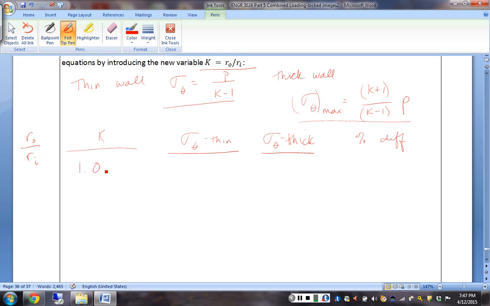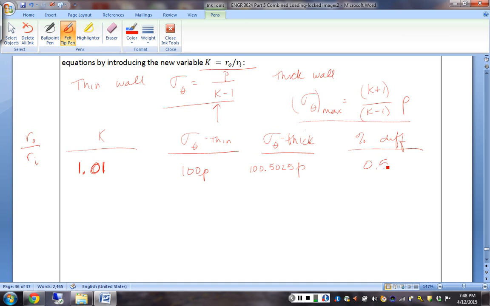So when you do have, in fact, a very thin-walled structure, and your ratio of the outer radius to the inner radius is 1.01, you plug that in to our thin-walled equation, and you get 100 times the pressure is the maximum hoop stress using the thin-walled equations, and using the thick-walled equations you get 100.5025 times the pressure.